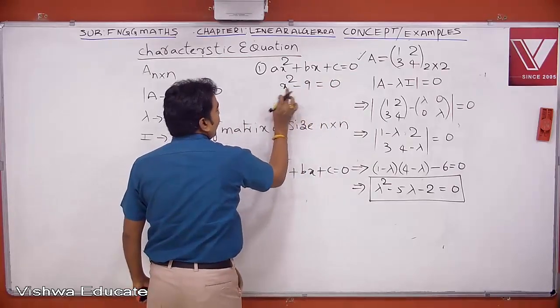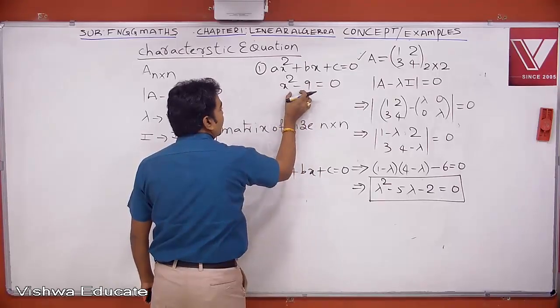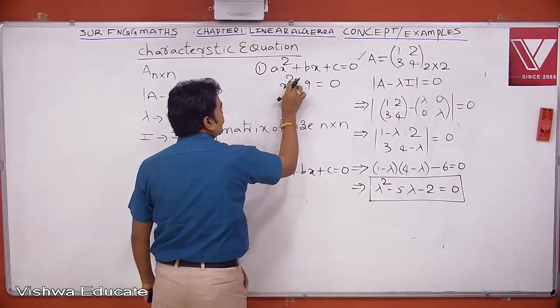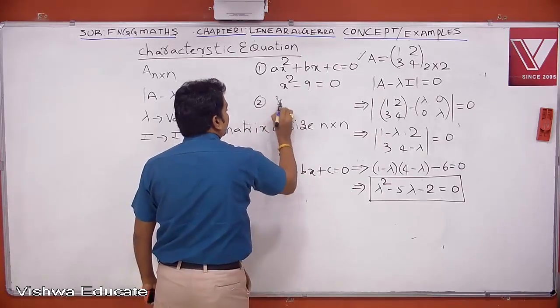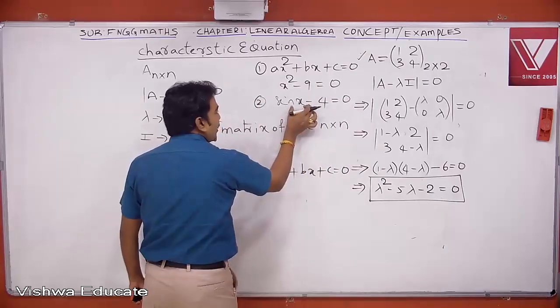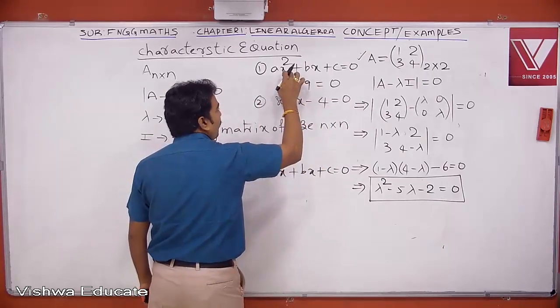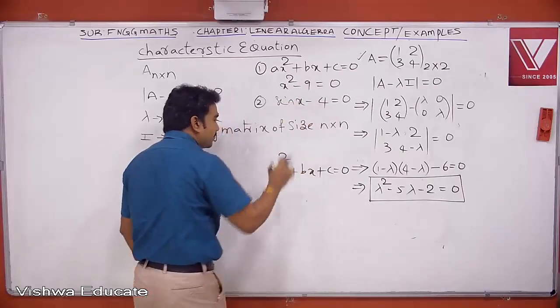In this expression we have powers of variable followed by some constants, and the highest power of x is 2. So it is a second degree polynomial expression. Suppose I take the expression sin x minus 4 equal to 0. This is not a polynomial expression. This is a polynomial expression. This is a non-polynomial expression. Right?